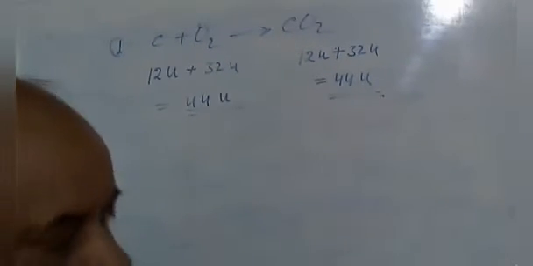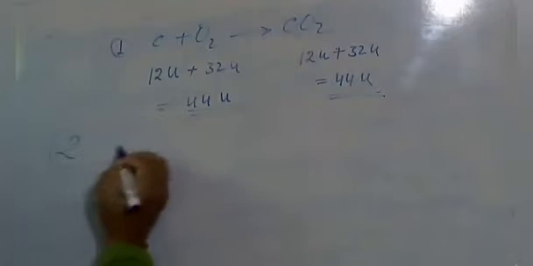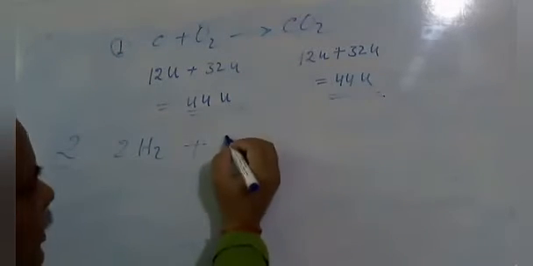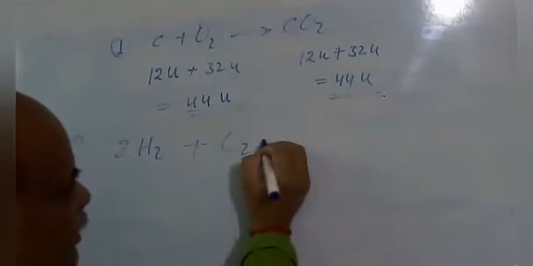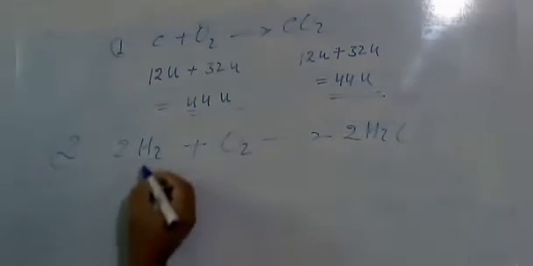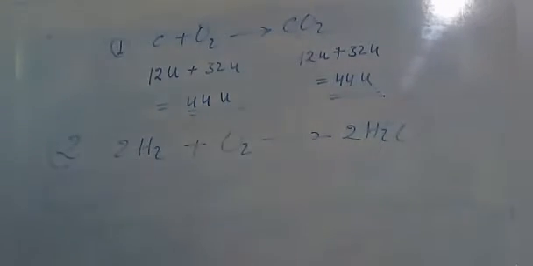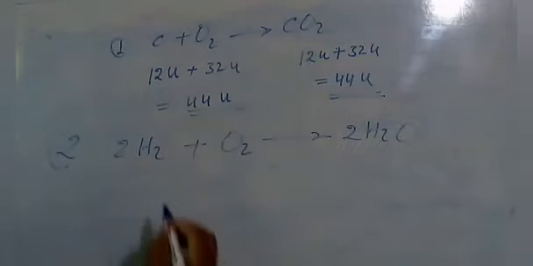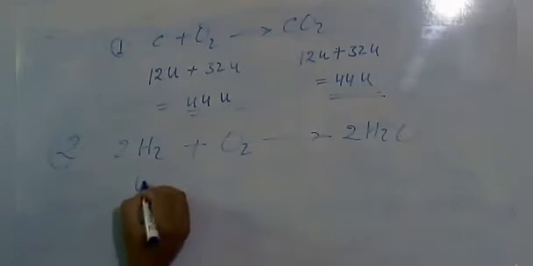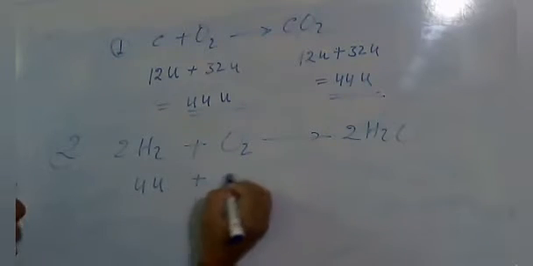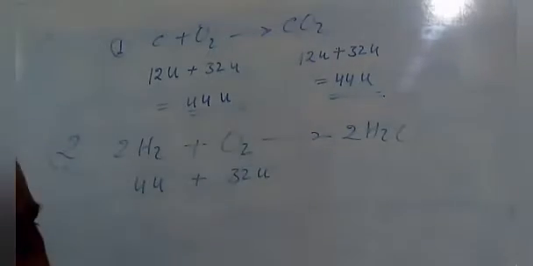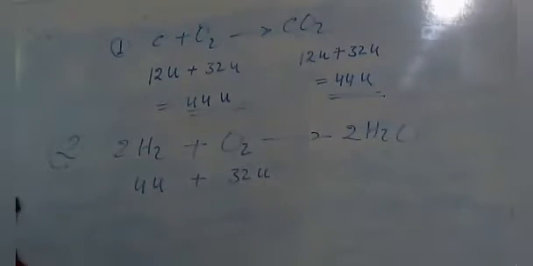In the second example, 2H2 reacts with oxygen to form 2H2O. Here in 2H2, the atomic mass of hydrogen is 1 unit, so one molecule of H2 is 2 units, and 2 times that is 4 units, plus 32 units. The molecular mass of oxygen is 32, the atomic mass of oxygen is 16 units.